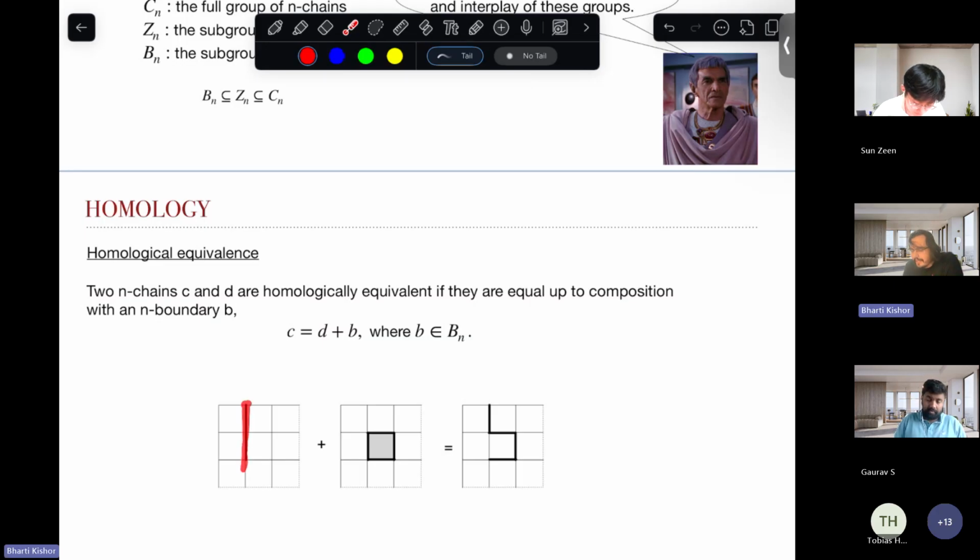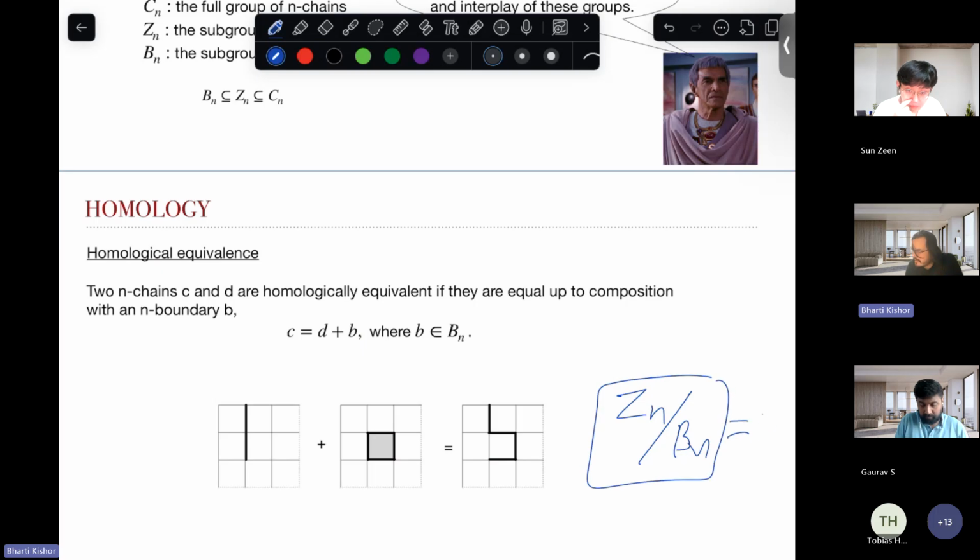And this might remind you of the stabilizer operator thing, or logicals, where there is the stabilizer and you are multiplying, and it's the same thing. Anyway, when we talk about topological quantum codes, we will revisit this again. But what this is telling you is that I can start with this group Zn, and I can quotient it with Bn, and I can define some group called Hn, which is what people call the homology group.